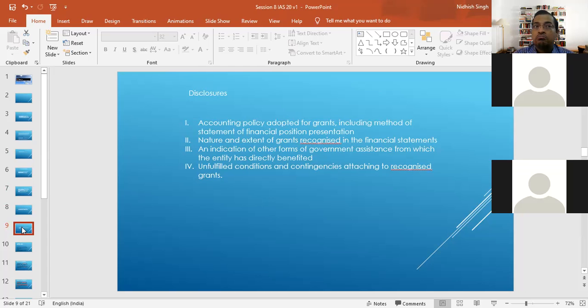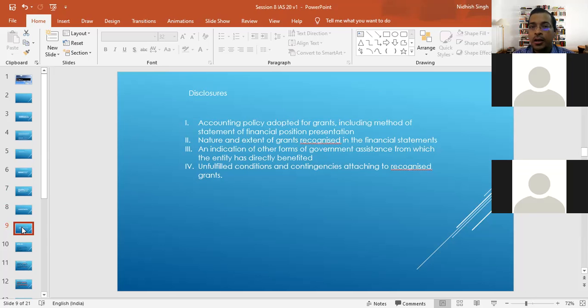And I would see that, except for the land, which is given for free for some time, most of these grants are related to the income statement, because, as you said, electricity is free. So you still need to show the expected electricity charges, and then show an income from government.